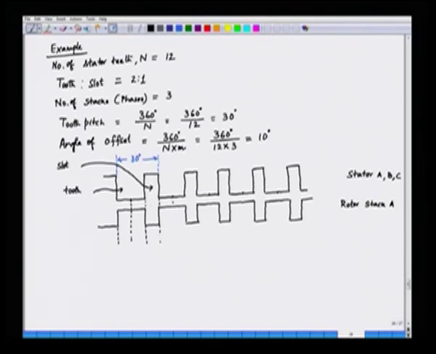We have to offset the stack B by an angle of 10 degrees. We can draw the stack B of the rotor like the following. This is stack B, which is offset from the previous stack by 10 degrees.